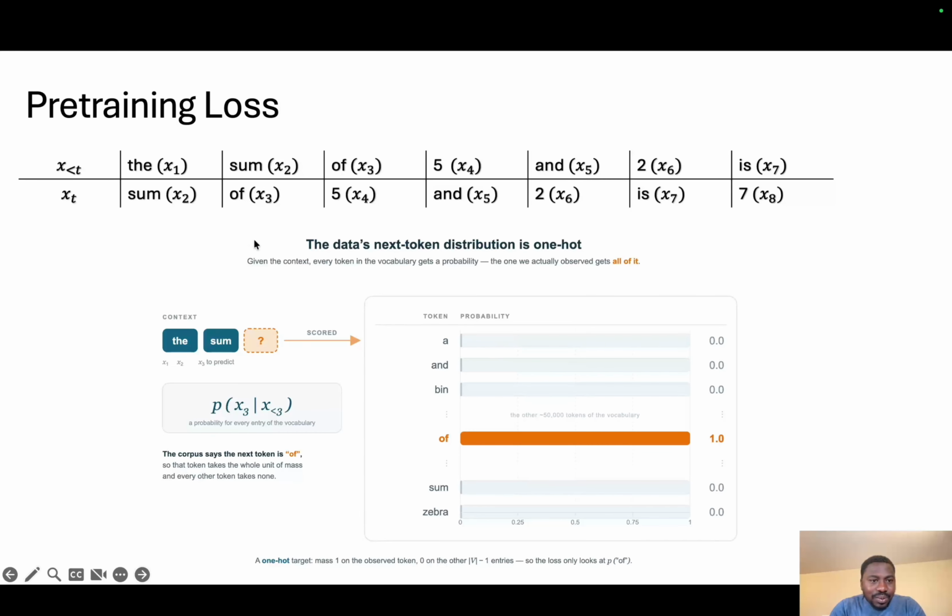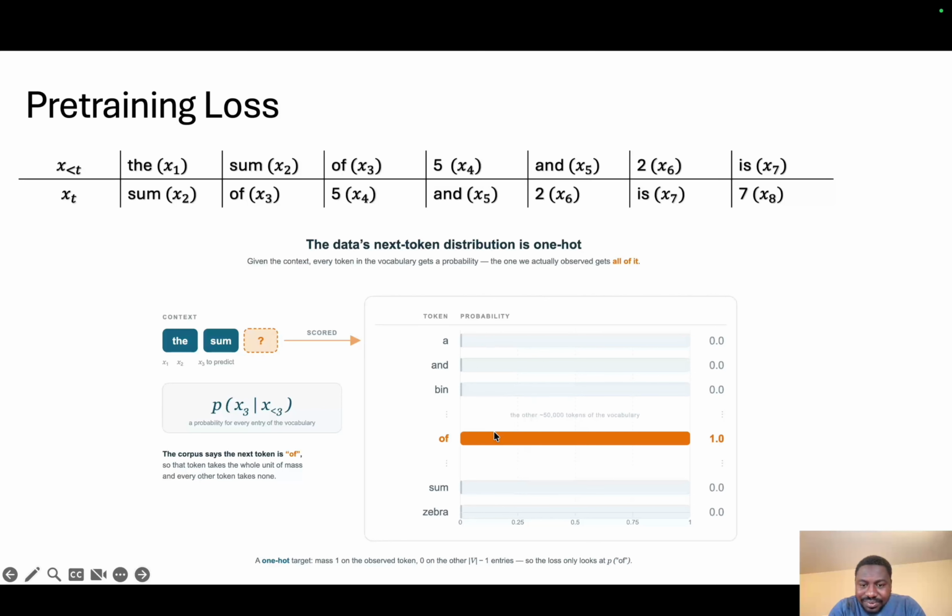So pre-training is quite simple, right? You have x1, x2, up to x7, which represents your input tokens, and then you have your next tokens below here. And this data is one-hot encoded, as we explained earlier, where you have the context and you're trying to predict the next token. In the data it looks like this, right? You've got, let's say, 50,000 tokens.